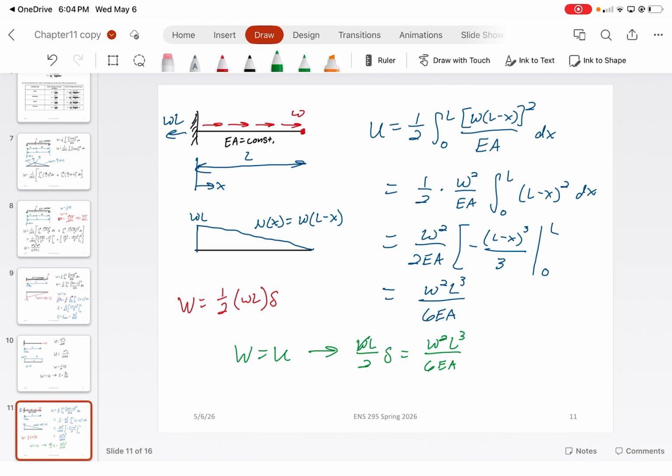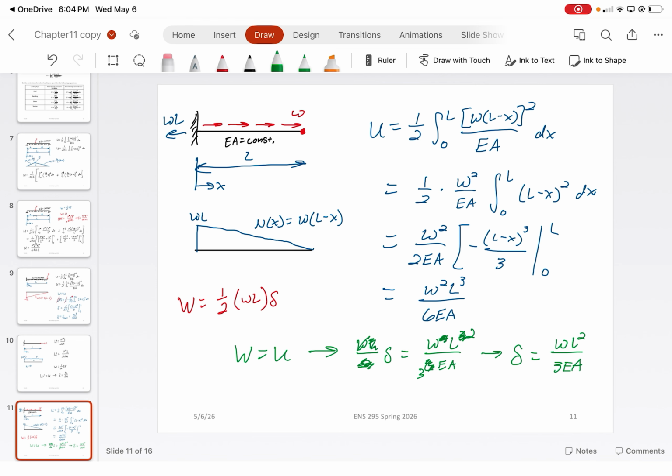The W's would cancel, one of the L's would cancel, and then the 2 would cancel, so that would become 3. So delta is equal to WL squared divided by 3EA is what I get. So now it's a different type of expression for a more complicated load. Any questions about this at all? Any of the examples that we had previously covered?